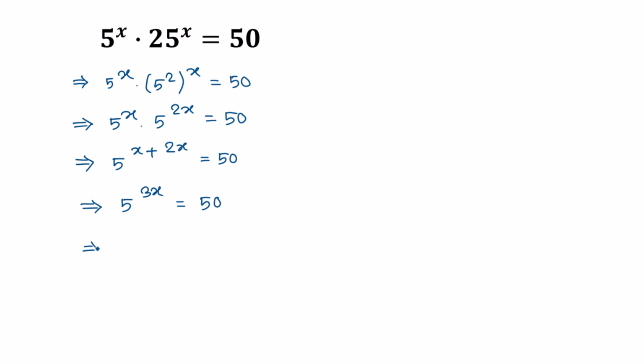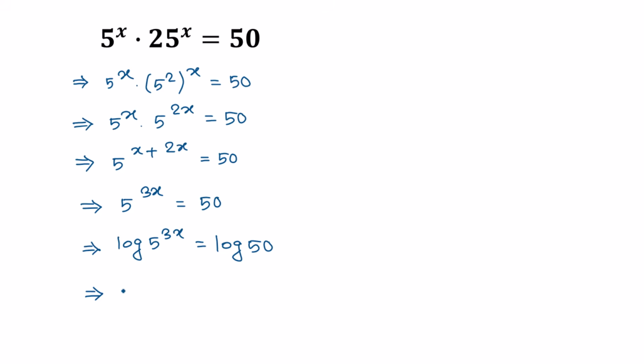Now taking log to both sides, we will get log of 5 to the power 3x is equal to the right side, which will be log of 50. Now applying the logarithm formula, log a to the power b is equal to b times log of a.